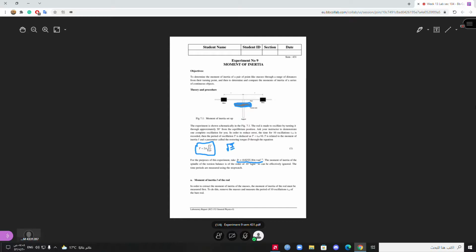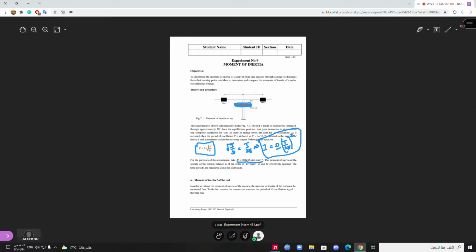Square root of I over D is equal to T over 2 pi. From this, if I want to remove the square root, I have to take the square. I is equal to D times (T over 2 pi) square. This is the formula I'm going to use to calculate the moment of inertia of the object.